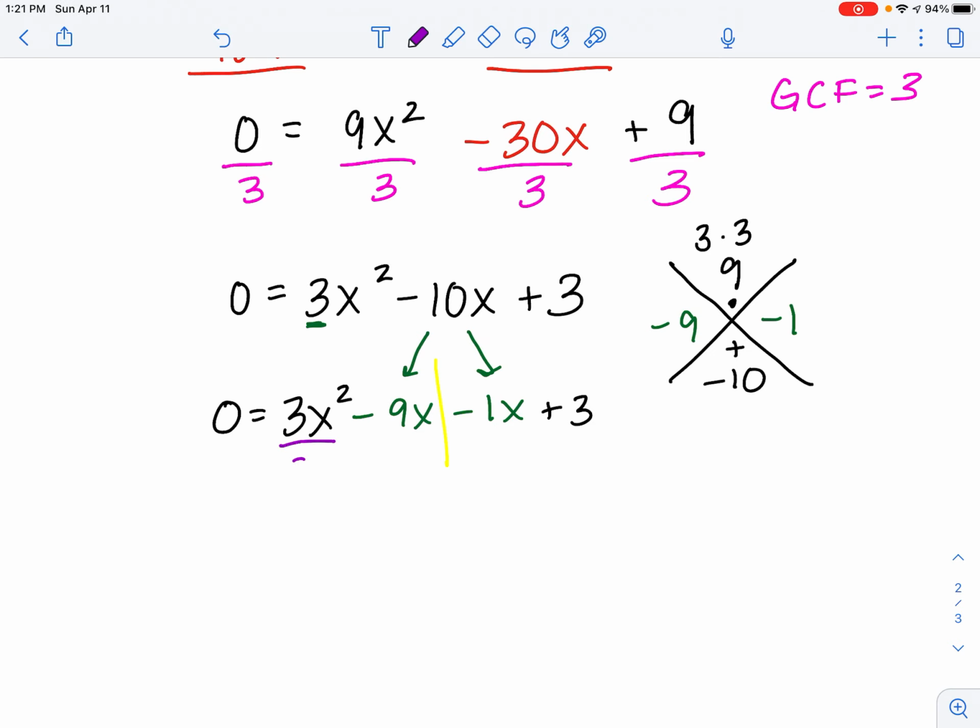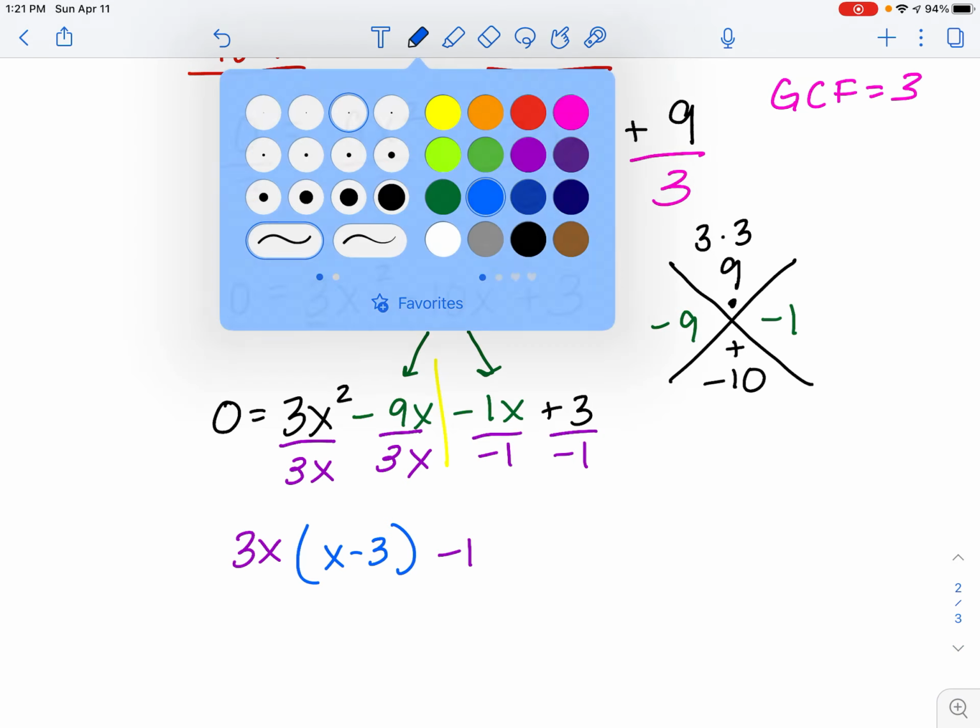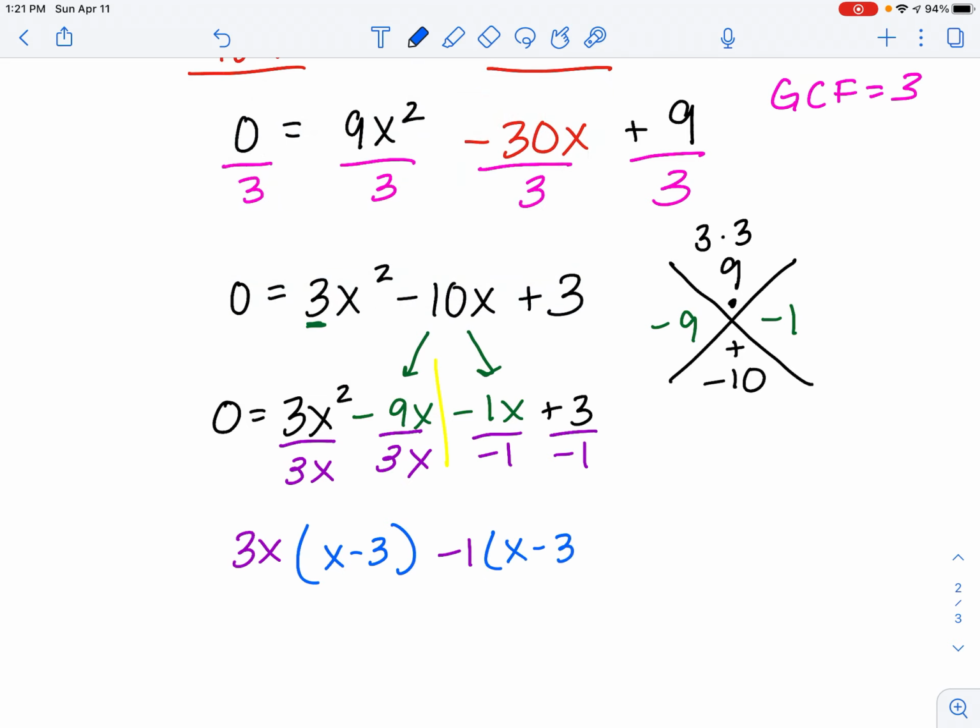Here I can take 3x as my GCF out of the first 2 terms. So I'm going to get 3x times x minus 3. And then if I look at the second group, I'm going to take a negative 1 out of both as their GCF. And I'm also going to be left with x minus 3. And we still have that equals 0 in the front.